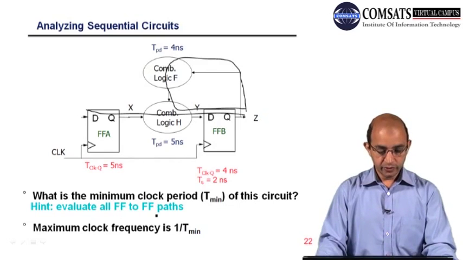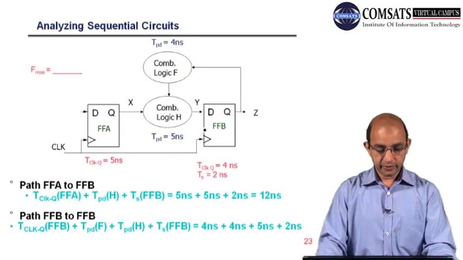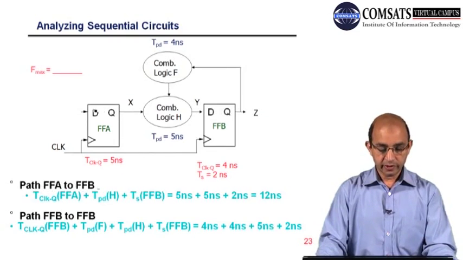We need to evaluate all flip-flop to flip-flop paths. Here are the calculations. First, the path from flip-flop A to flip-flop B, and that includes this combinational circuitry also.